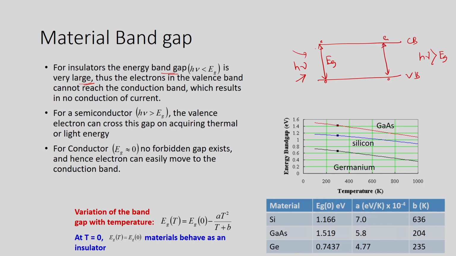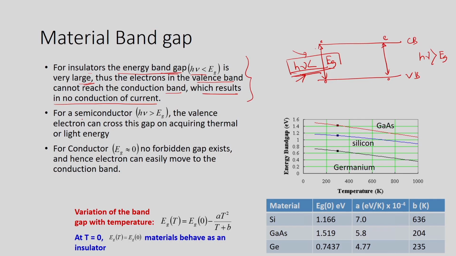Okay. Right. So, for insulators, the energy band gap is very large, so the electrons in the valence band cannot reach the conduction band, which results in no conduction of current. So, for insulators, h nu is less than Eg.